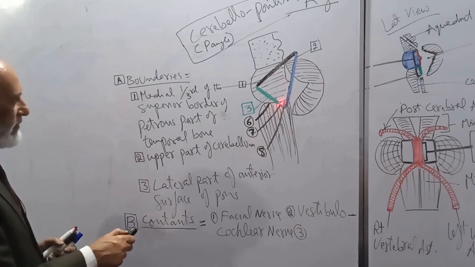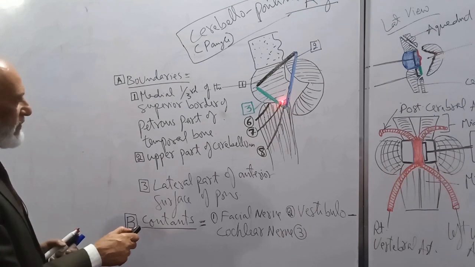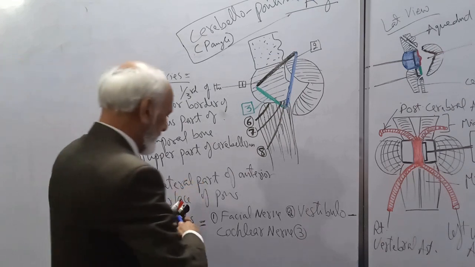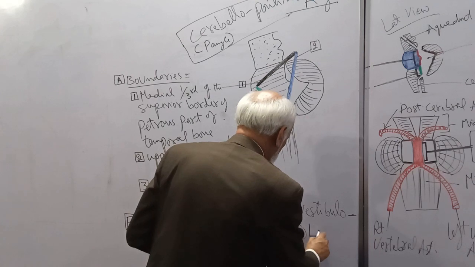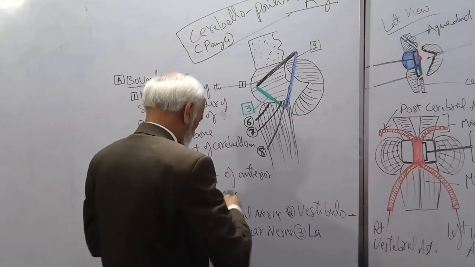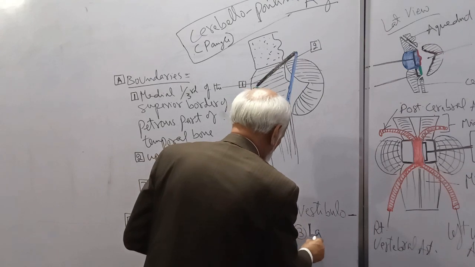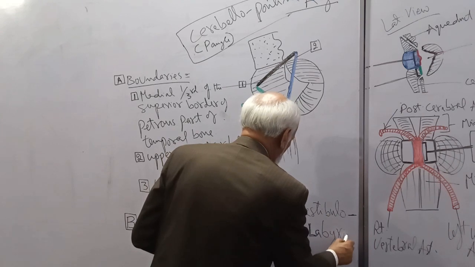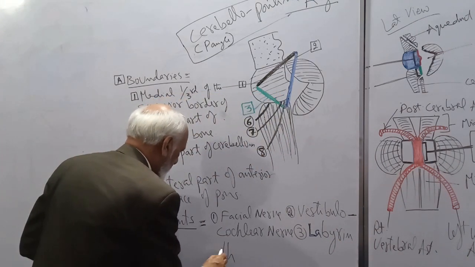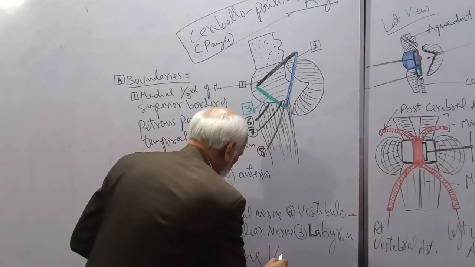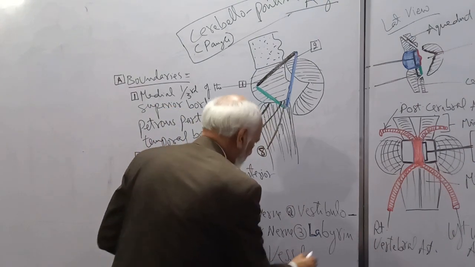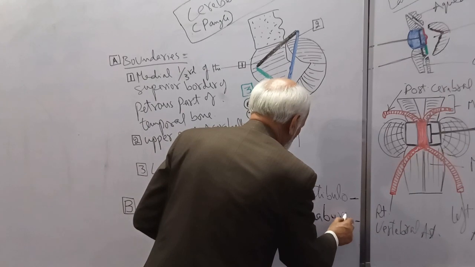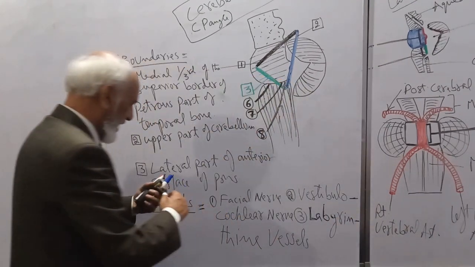So what are the contents? Origin of these 2 nerves, facial nerve and vestibulocochlear nerve. Then labyrinthine vessels.